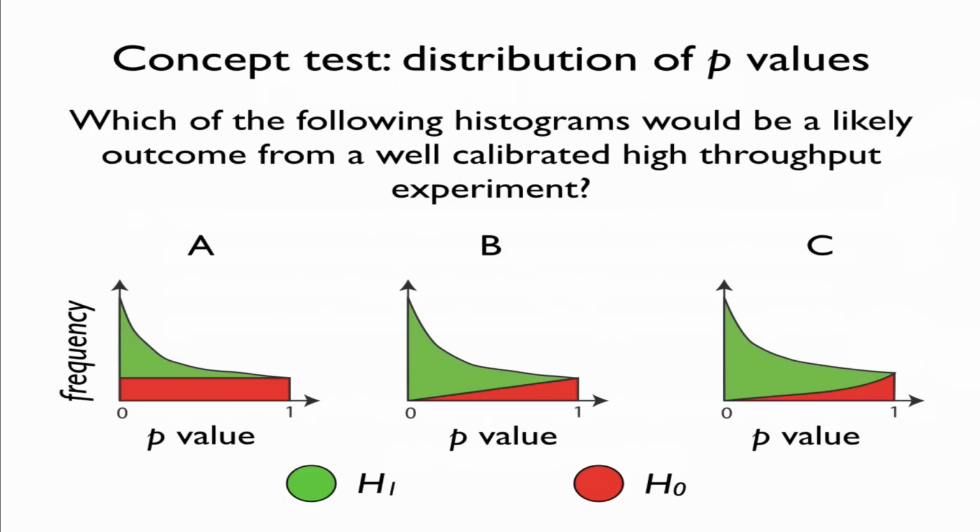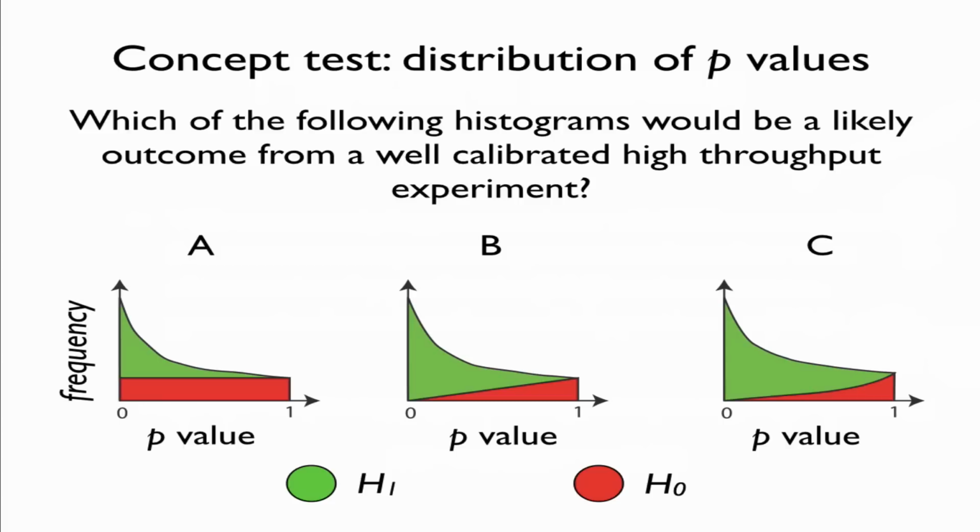So I'd like you to think about this exercise for a second. We have different distributions of p-values here. Which of the following histograms of p-values would be a likely outcome of a well-calibrated high-throughput experiment?